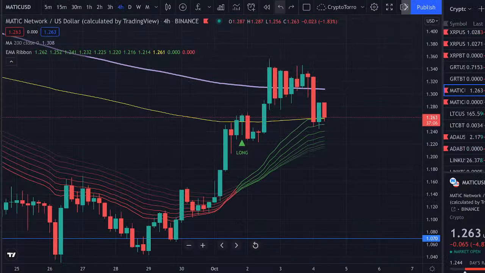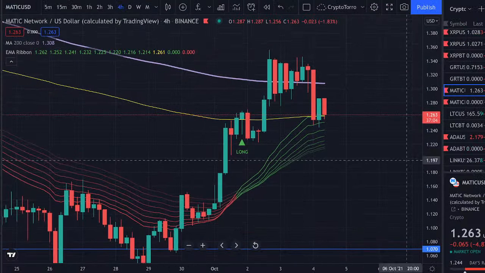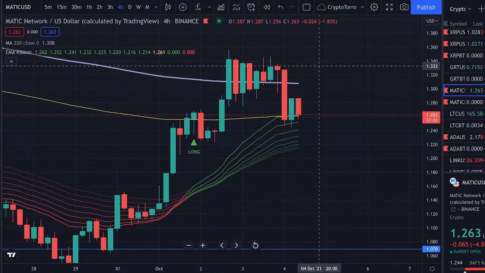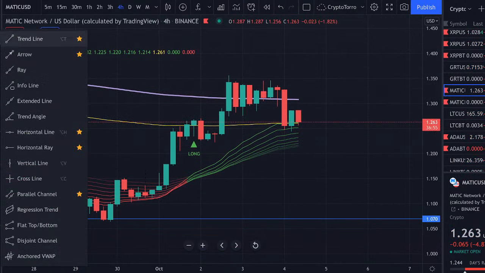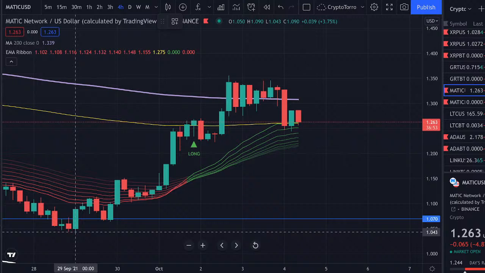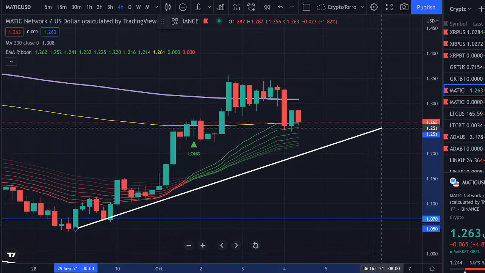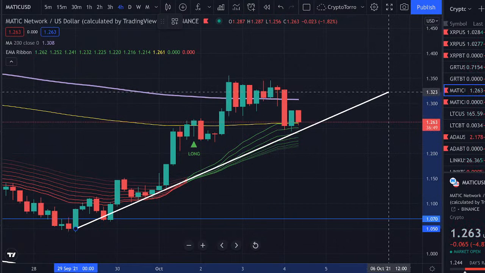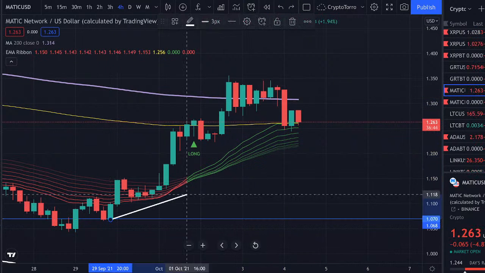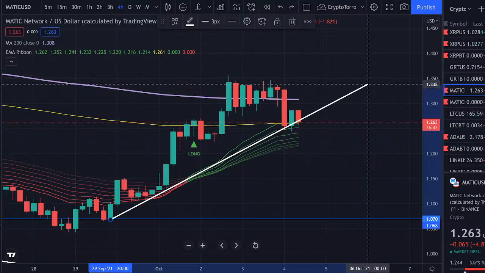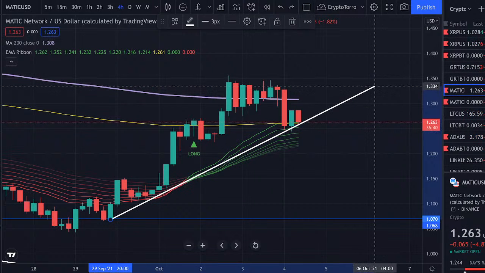So Matic, Polygon Matic looks very good to me, due to the fact that we are experiencing this movement towards the upside. As well, what I would like to discuss is this level of ascending support that I think is of utmost importance. Sorry, over here, heading this way. Yes, like that.